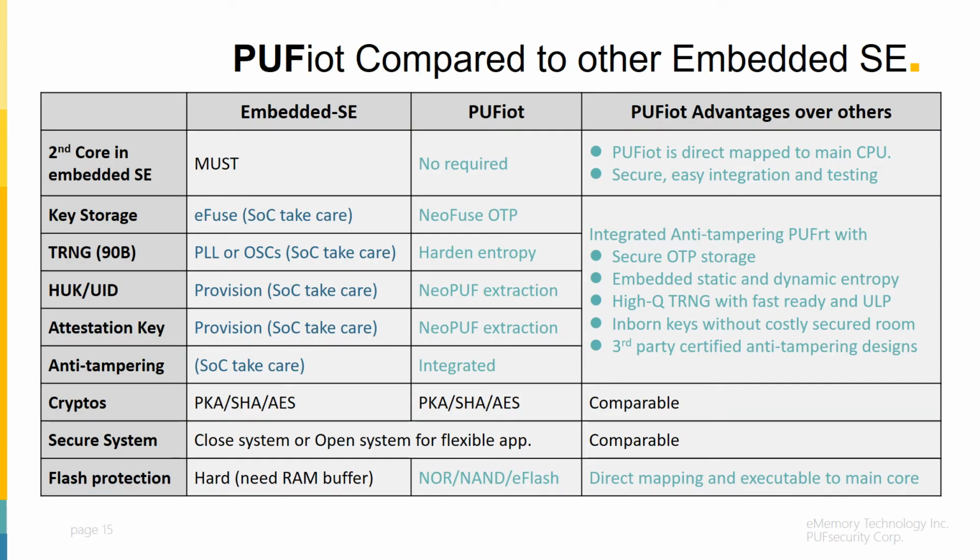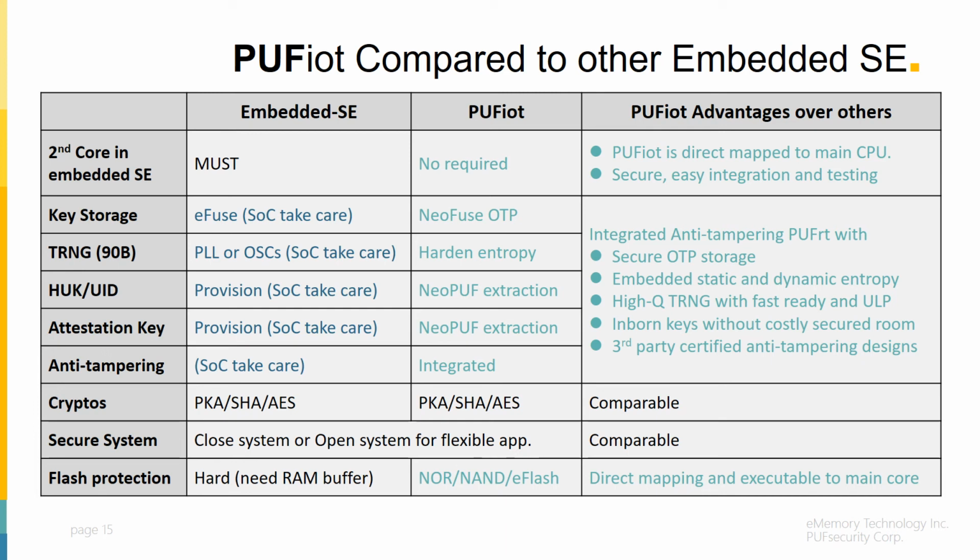Here is a comparison between PUFiot and other embedded SE solutions. Traditional embedded SE only provides digital functions of algorithm and operation. As you can see in the middle part of the table, SOC users need to find the remaining analog IPs and then integrate them into a security coprocessor. This means a lot of integration work and resources.